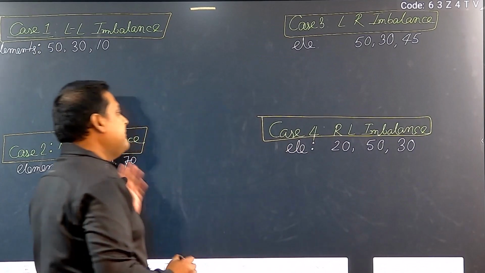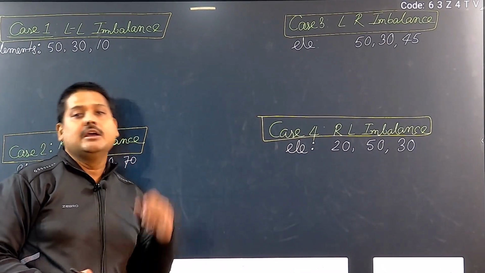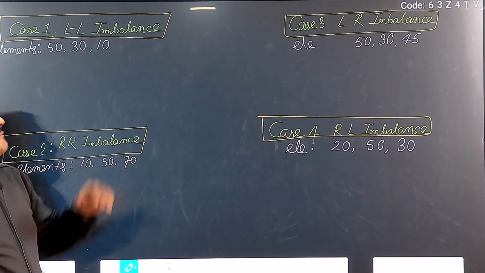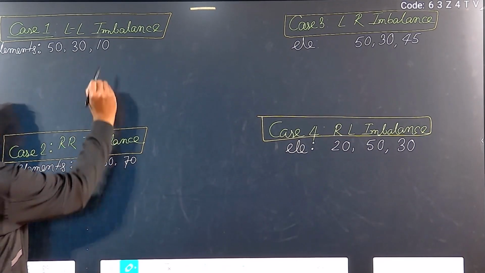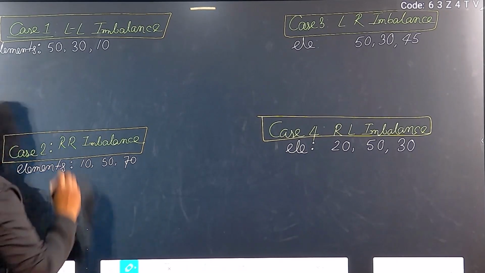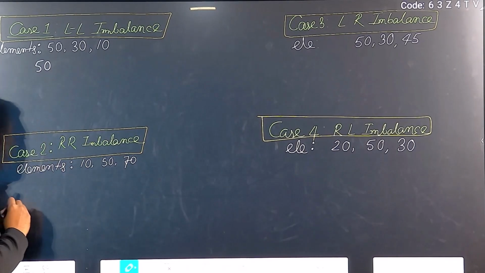There are four different imbalance cases: left-left imbalance, right-right imbalance, left-right imbalance, and right-left imbalance. Say for example, we have some elements like 50, 30 and 10, and we are trying to insert them. So, 50 will be inserted here. What is the balance factor for 50?